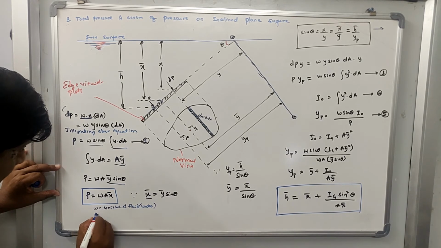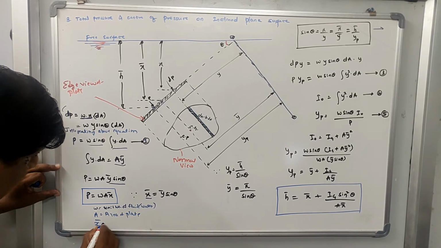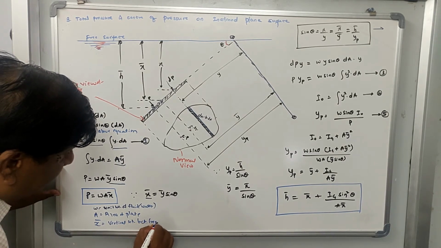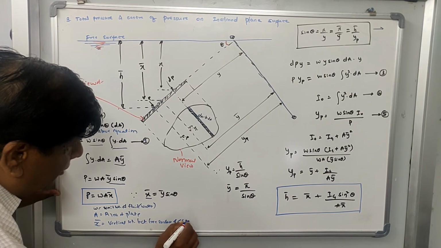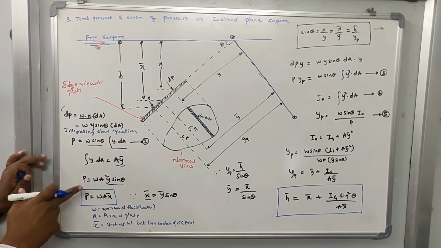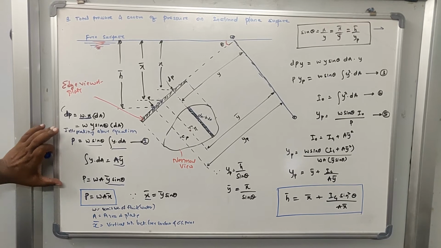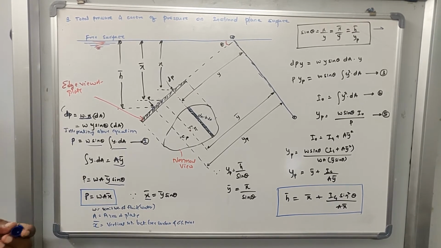A is the area of the plate, and x bar is the vertical height between the free surface and the CG point. This is the magnitude of the total pressure which is going to act on the plate.